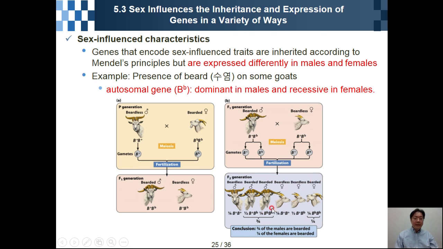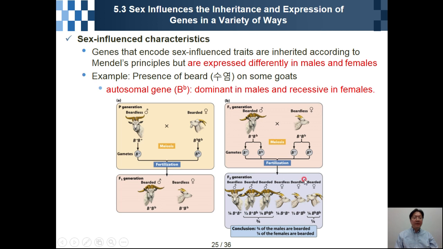So in male cases, after we did the Punnett square, 1 out of 4 will be B plus, 2 out of 4 will have B plus BB, and 1 out of 4 will have BB.